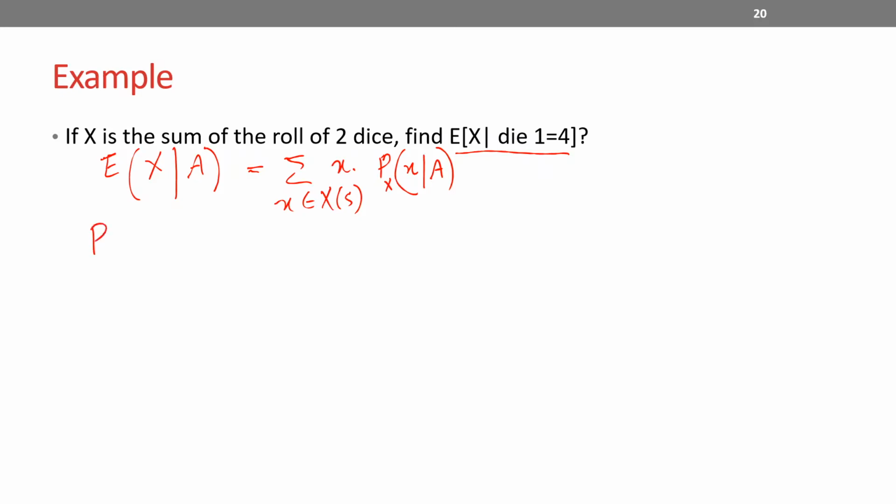So for our problem in specific, I'm interested in first finding the probability, and then I'll calculate the expected value, right? So let me go and calculate this part.